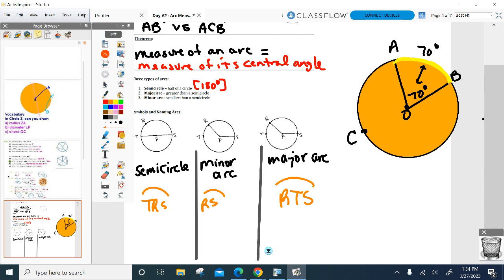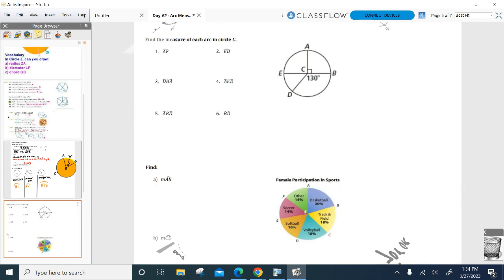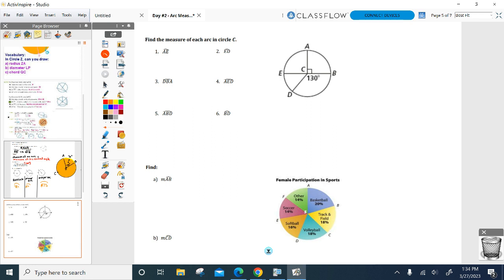Any questions? All right, let's put some actual numbers now to it. Find the measure of each of these arcs in circle C. How do you know C is the center? Because I called it circle C. All right, ready? AE. I'm going to start off with 1, and I'll let you do 2 through 6 on your own and in your group. So arc AE. How many degrees are in arc AE? Well, we just learned a theorem.